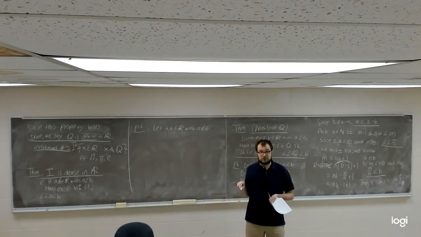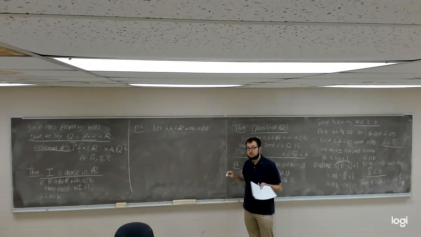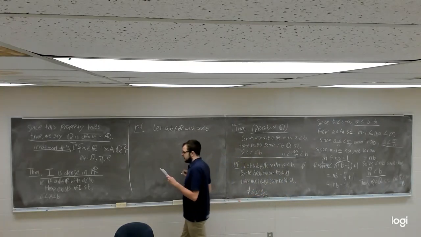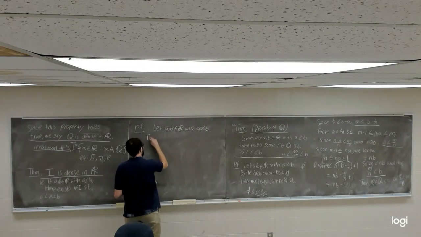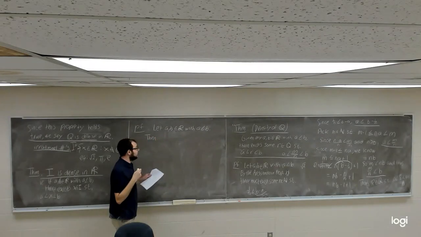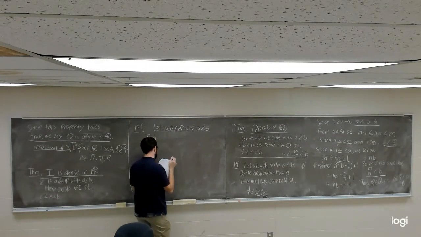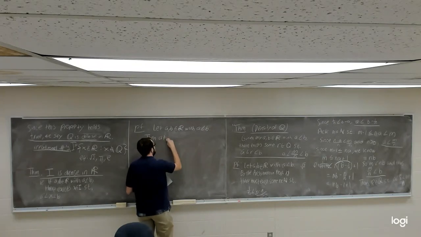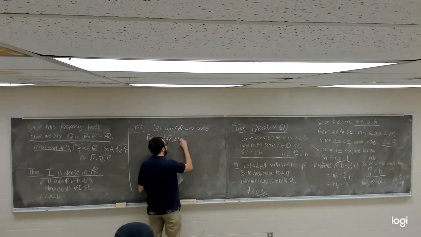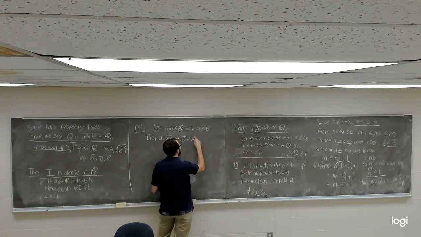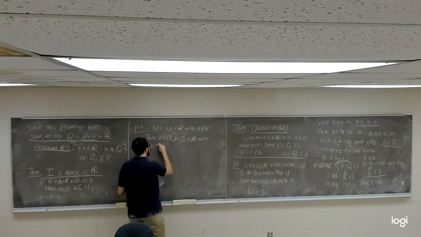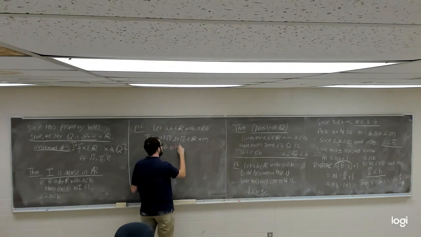And we want to prove that we can find some irrational number between a and b. I'm going to say that then, if a and b are real numbers with a less than b, then a plus square root of 2 and b plus square root of 2 are real numbers, with a plus square root of 2 being less than b plus square root of 2.